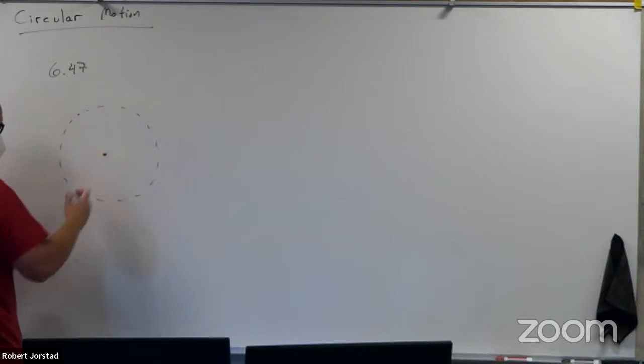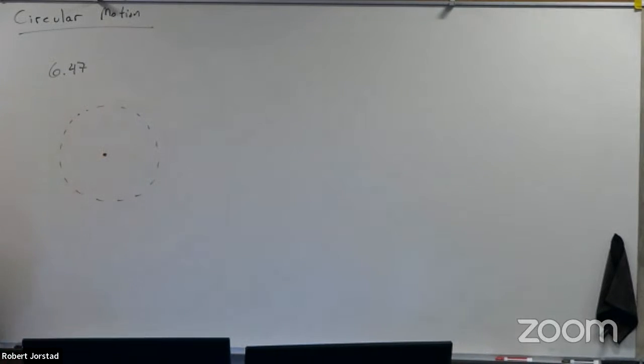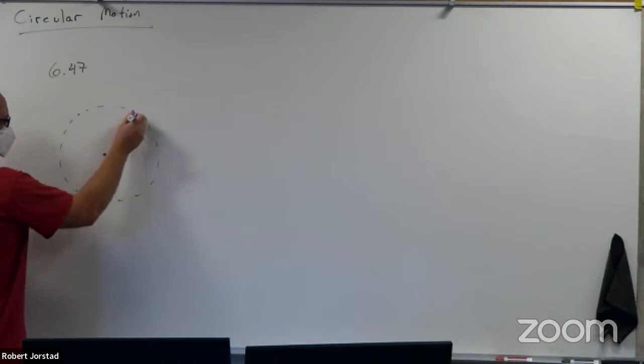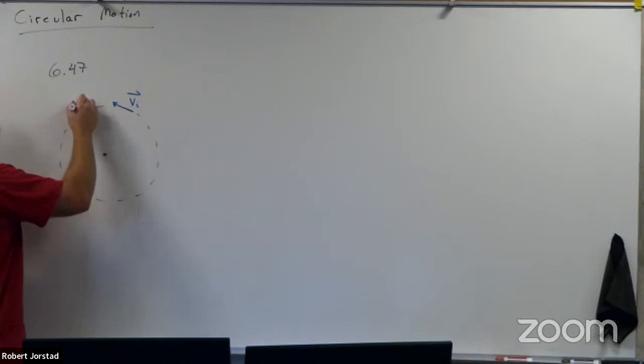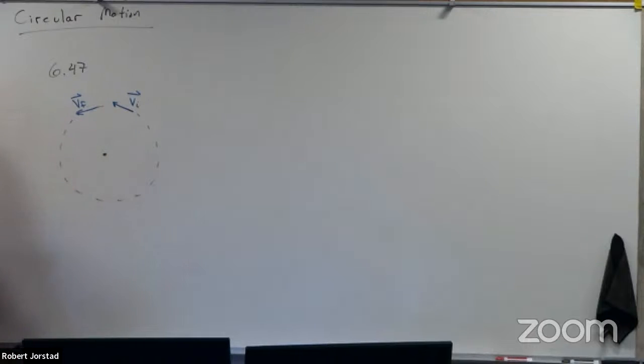We have a circle. It's like the ball on a string. And then in some scenario, let's say V initial and V final have the same magnitude, but they're changing directions.